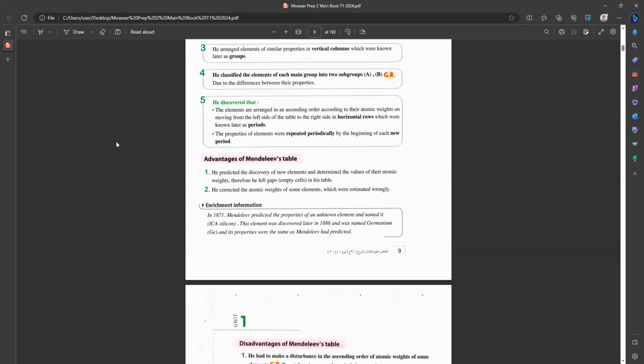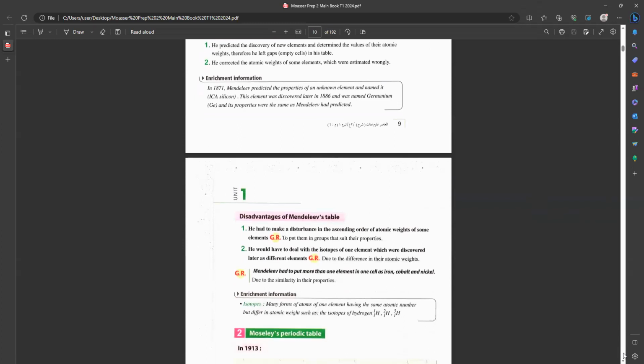So he corrected the wrong atomic weights of some elements discovered before him. These are the two advantages. So the two advantages, or good things, about Mendeleev's periodic table: he predicted the discovery of new elements, leaving spaces or gaps in the table, and he corrected the atomic weights of some elements that were wrong.